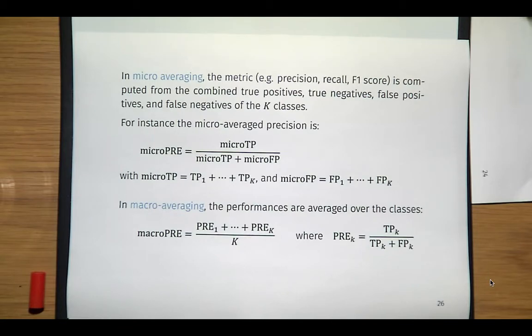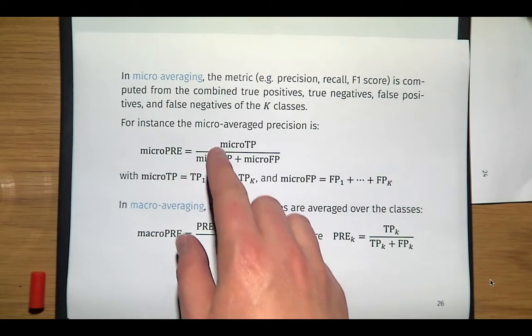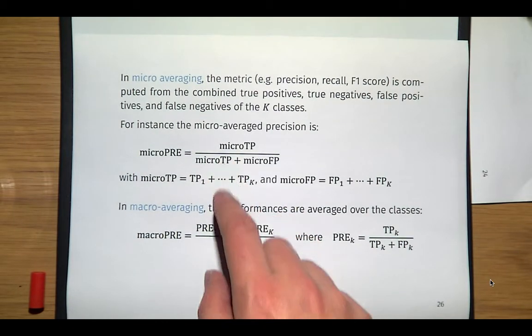Is this class correct, or did it belong to another class? So you isolate the problem, K versus the rest of the other classes. Then you can talk about true positives, false negatives, and so on. Positive means you indeed belong to class K, negative means no, it didn't belong to class K. You can look into the slides for more detail.